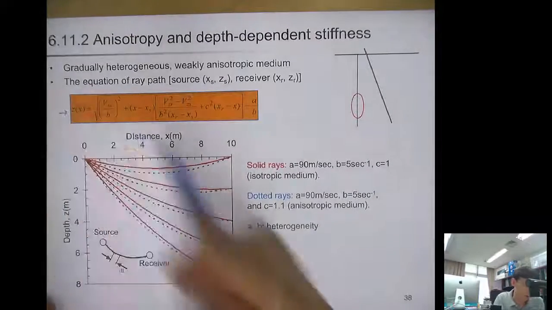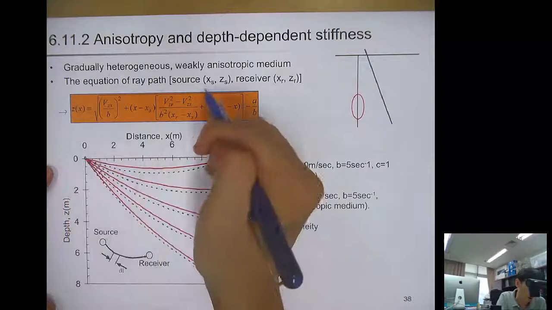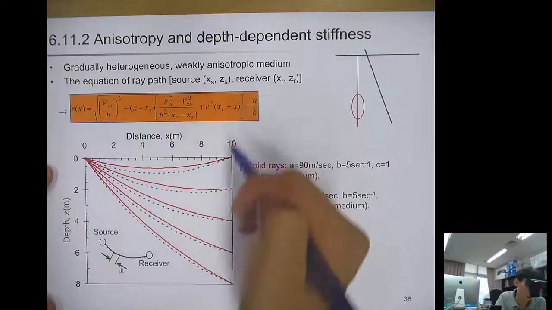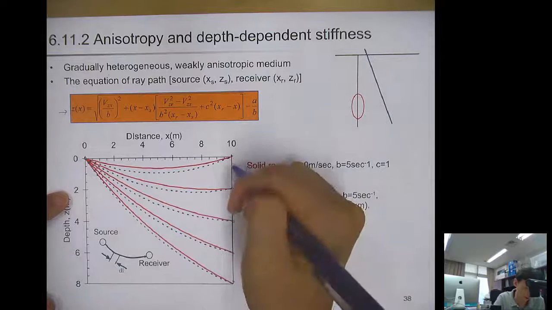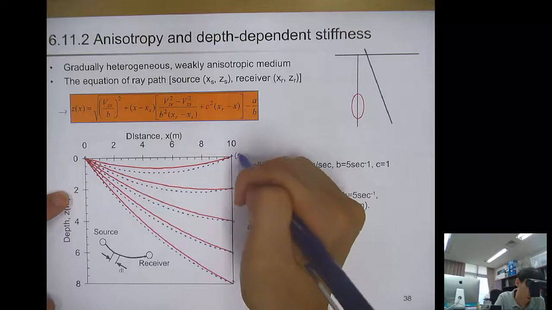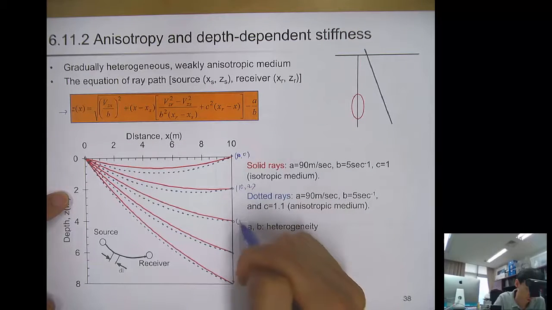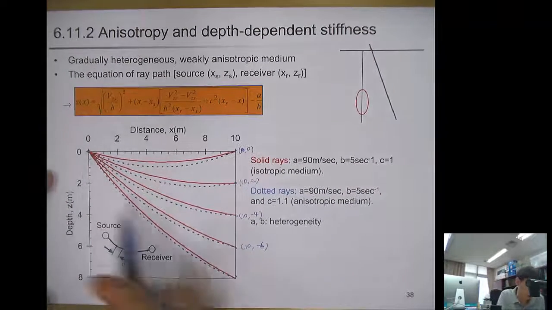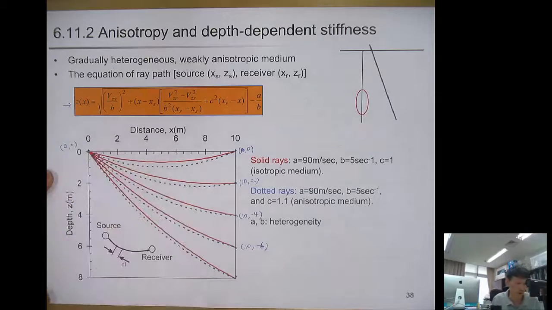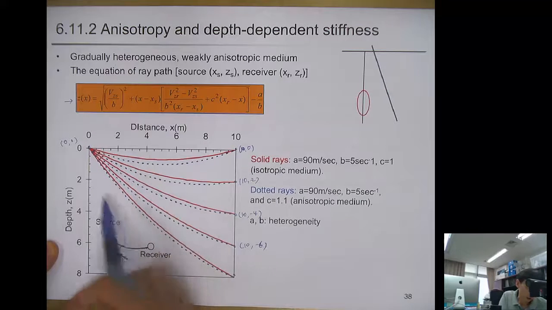And then if you use this equation to plot it, here the source is here, xs comma zs, and the receiver is here, and you can think of the receiver at different depths: 10, 0; 10, minus 2; 10, minus 4; 10, minus 6, right? That's the receiver coordinate, and the source coordinate is 0, 0, right? So you can put the numbers here.